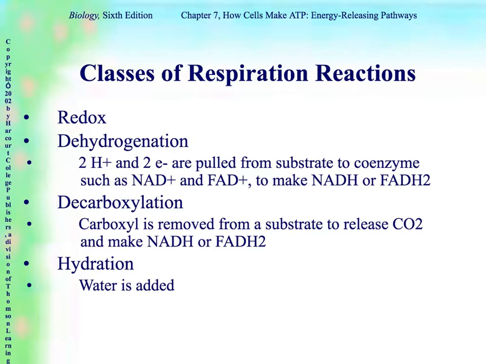This is called dehydrogenation, and basically a hydrogen is being pulled off of something in the reaction. The third one is decarboxylation. A carboxyl group is removed from a substrate to release carbon dioxide and make NADH or FADH2 with that hydrogen group. And the last type of reaction is called hydration, and that is just water being added to the reaction.